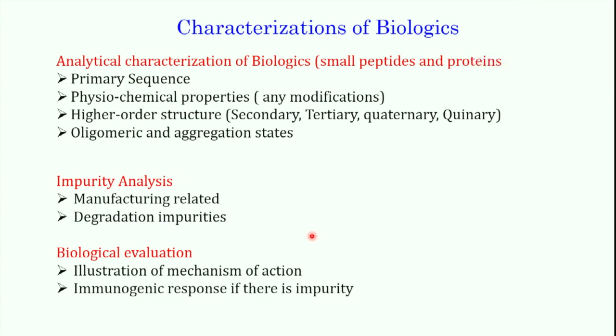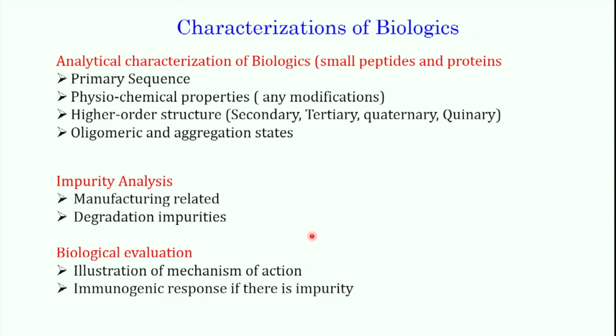So typically for characterization of a biologic drug, a small peptide or protein, first you have to do the primary sequence analysis. Then one has to look at the physicochemical properties, whether modifications like PTMs are preserved accurately or not, so that must be done. Then comes higher order structural analysis, which includes secondary, tertiary and quaternary structure. Together these are called higher order structure.